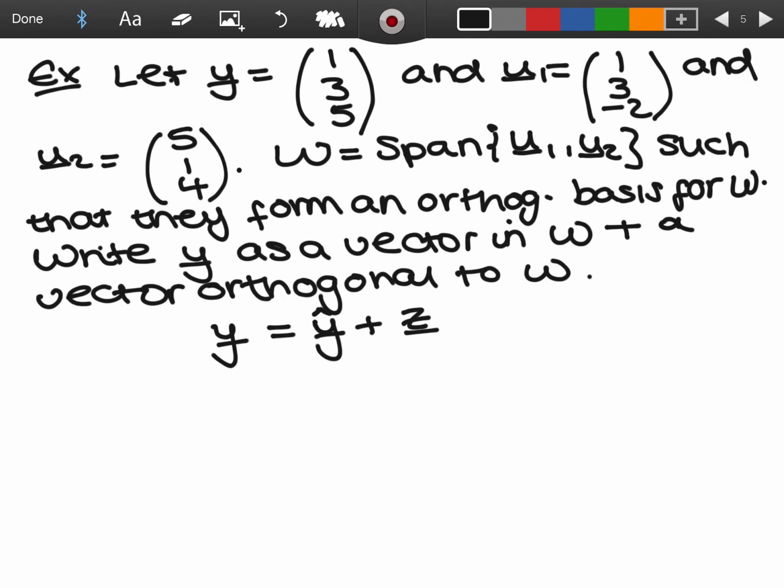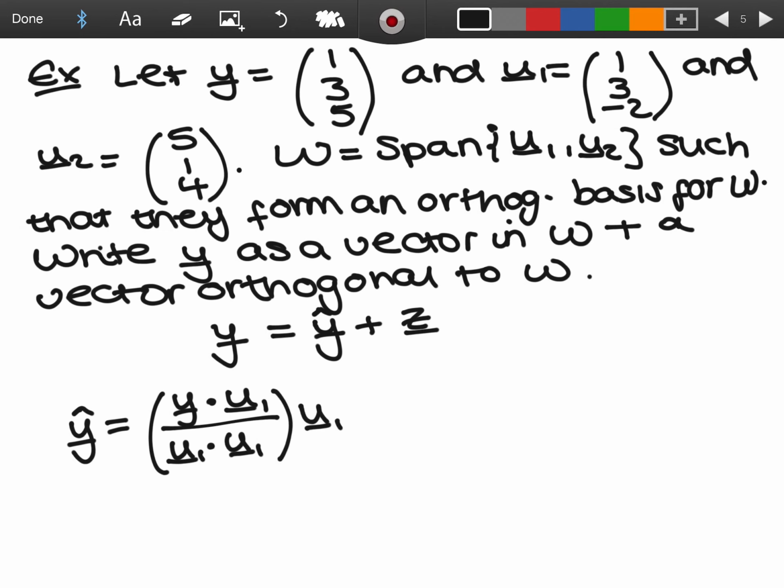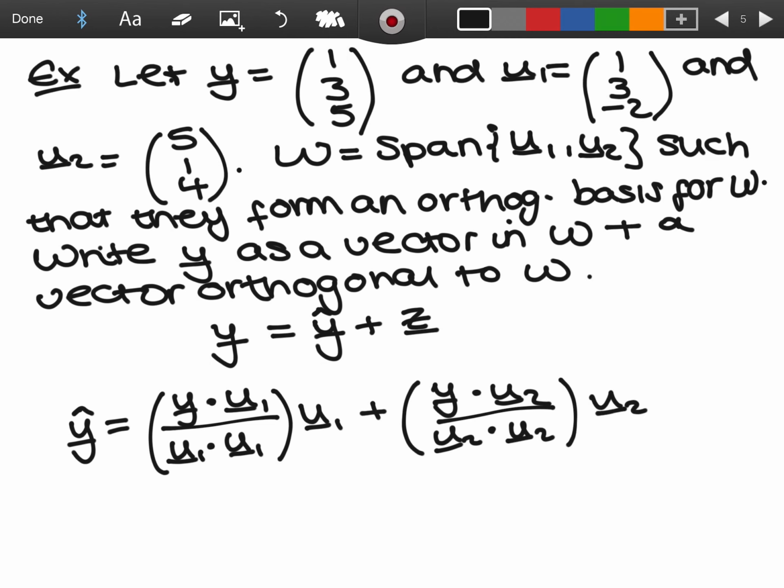So to find y hat, by formulation, y hat is going to be y dot u1 over u1 dot u1 multiplied by u1. I've only got two vectors in W that are the basis for W, so that's going to be plus y dot u2 over u2 dot u2 times u2.